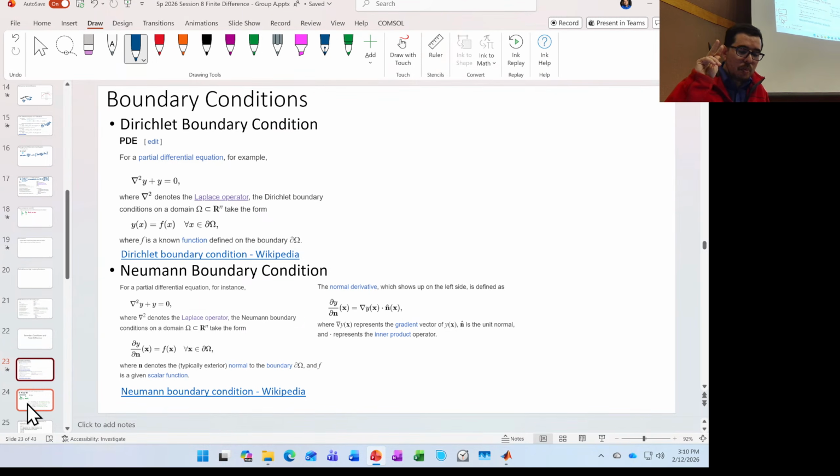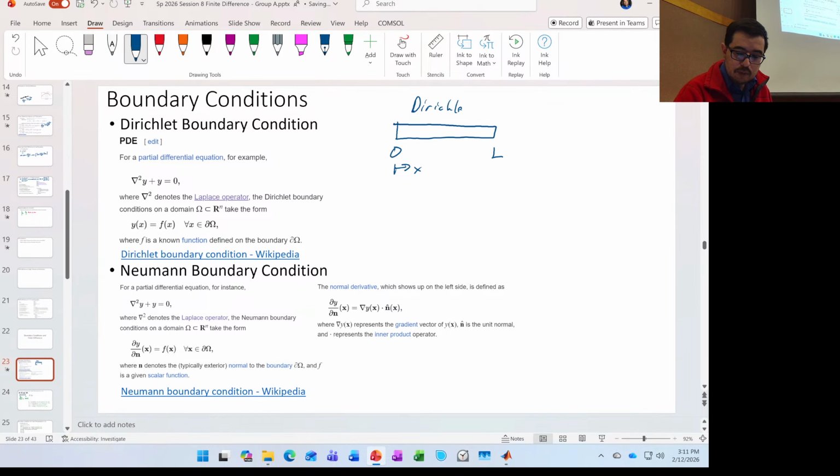So there are two boundary conditions that we want to really emphasize. And one is called a Dirichlet boundary condition. Okay? And so with Dirichlet, if you have a left and a right, or some element with length L, and this is Dirichlet, my French is, well, kaput.